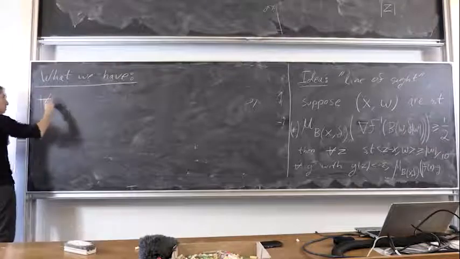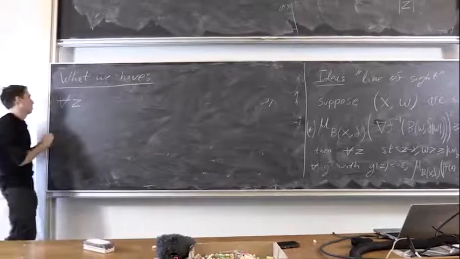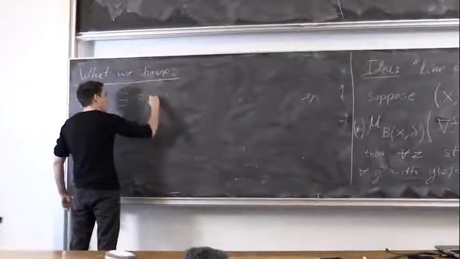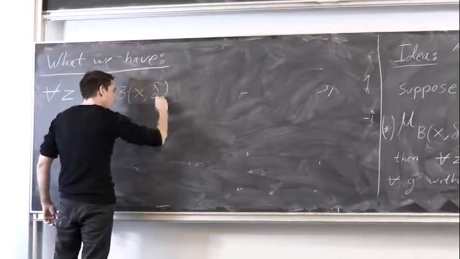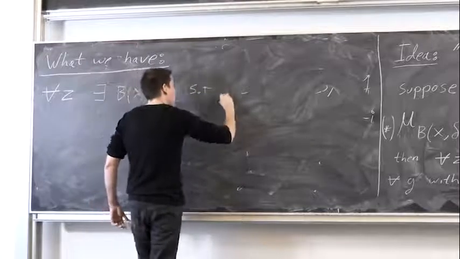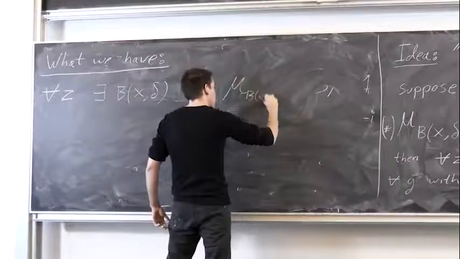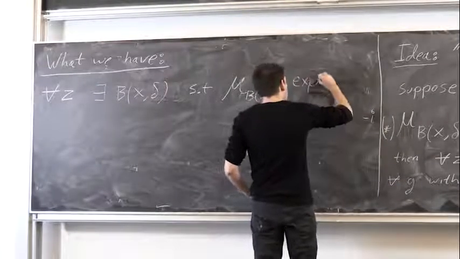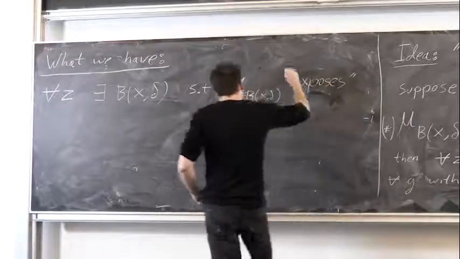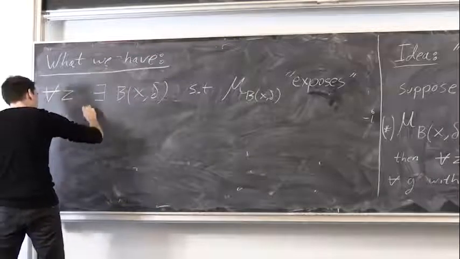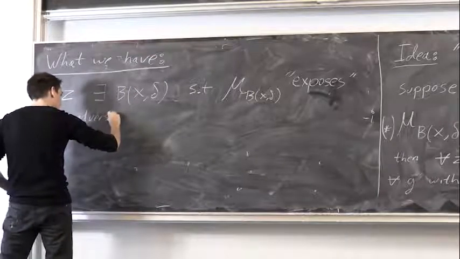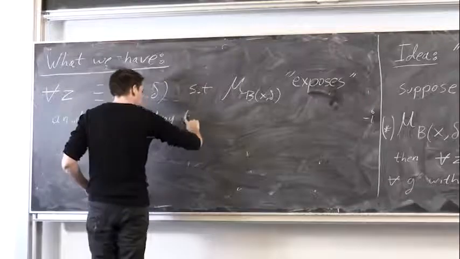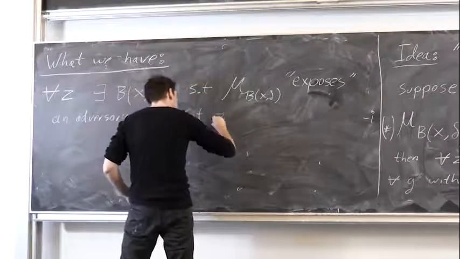For all z, there exists some ball B(x, delta) such that mu sub B(x, delta) exposes an adversary hiding at z.